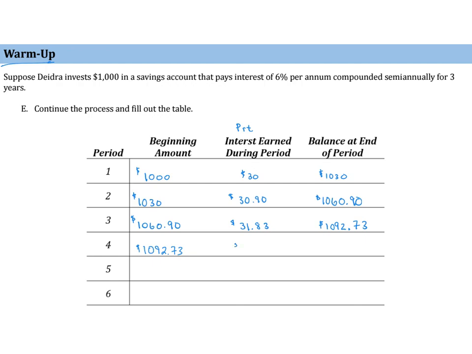And notice our interest goes up because we have more, so $32.78. And so we'll add our beginning amount to this interest and we get $1,125.51. That is now the beginning amount for the next period.